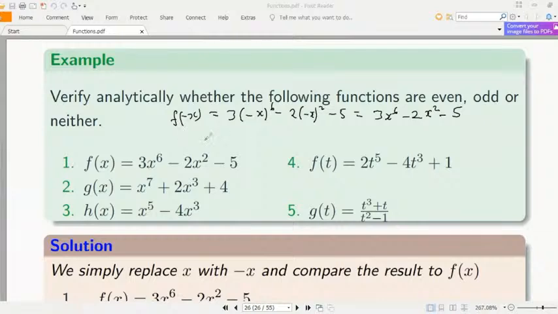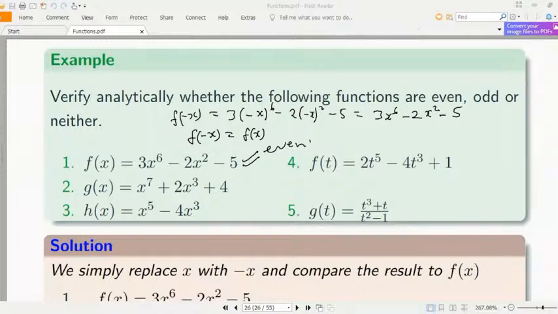So what I'm saying is that f of negative x is of course the same as f of x. You can see that it's the same. And so that means this function here is even, by definition.